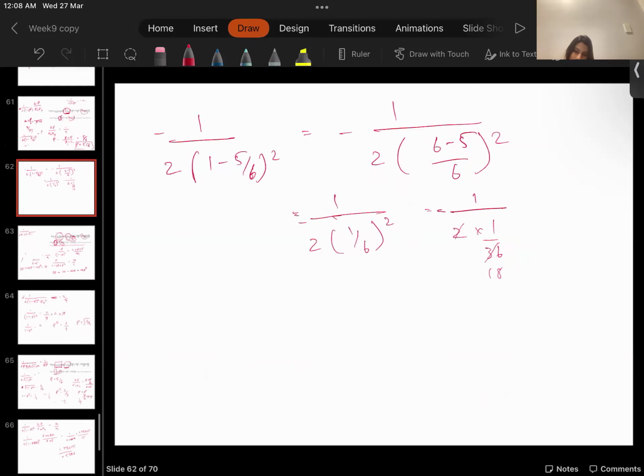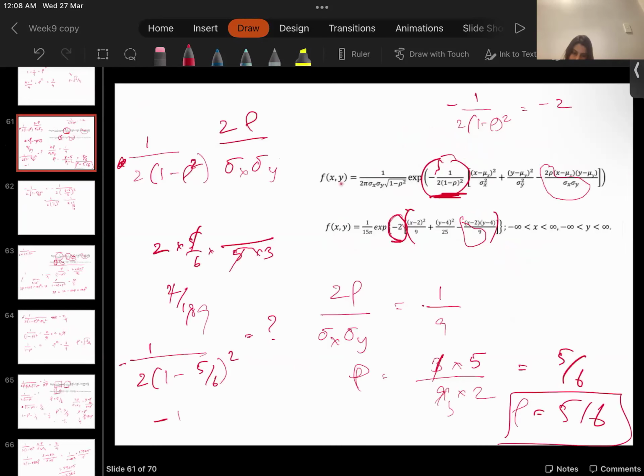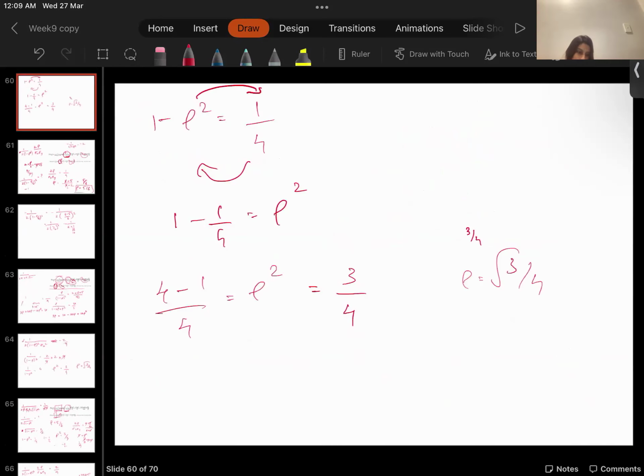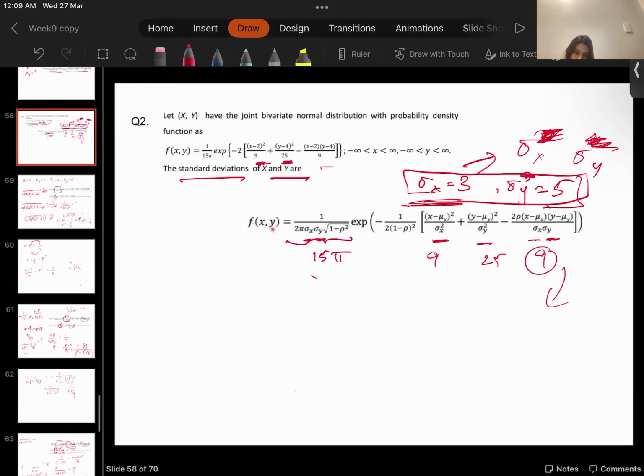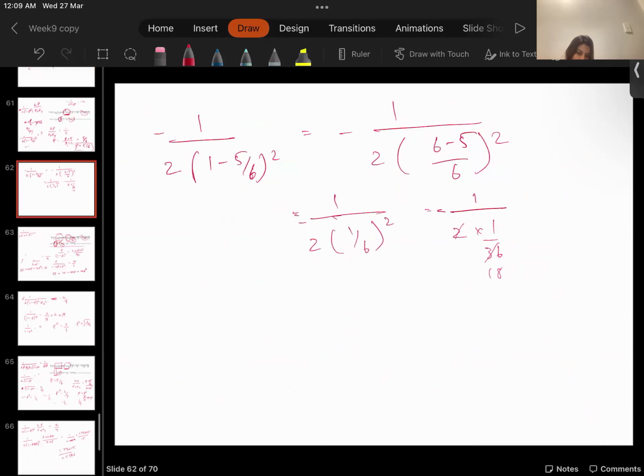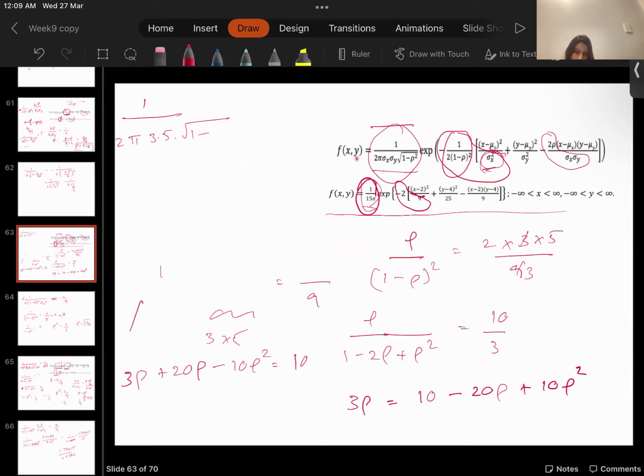Rho square was basically 3 by 4, so 1 minus 3 by 4.